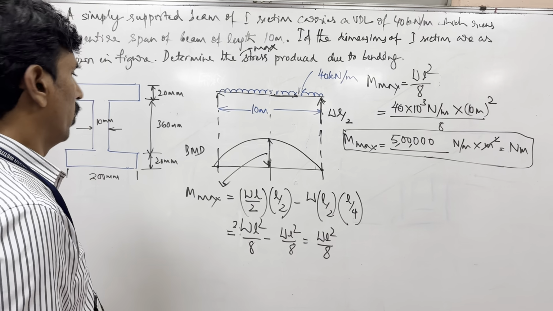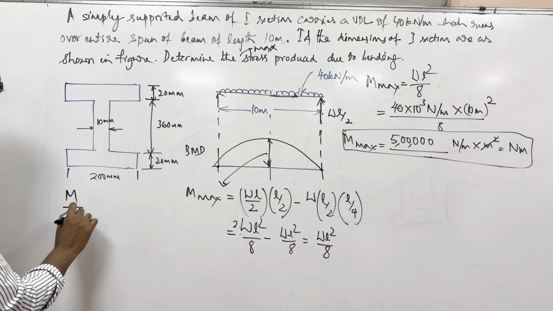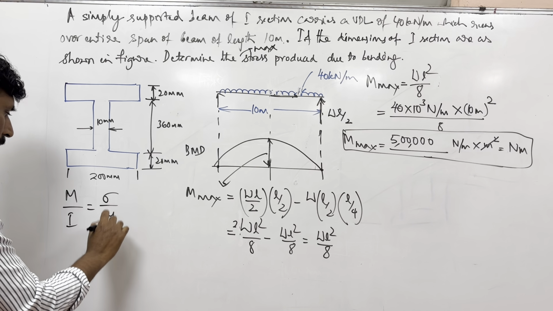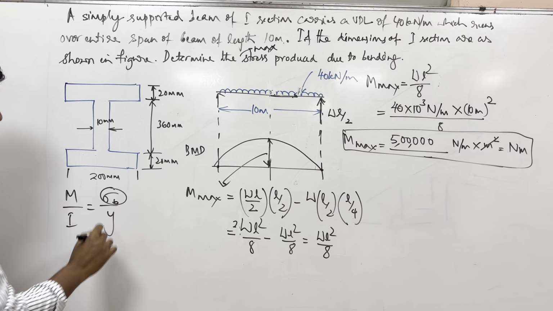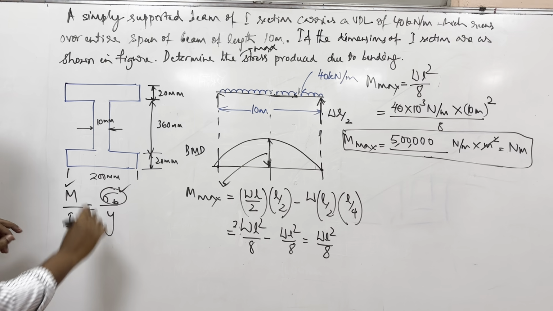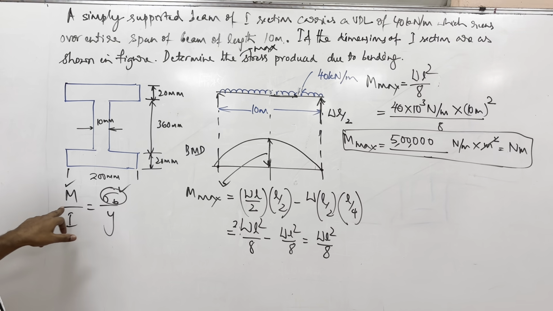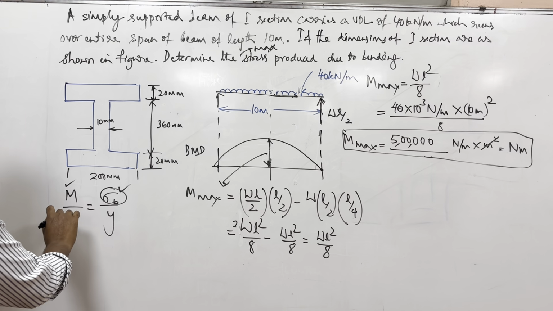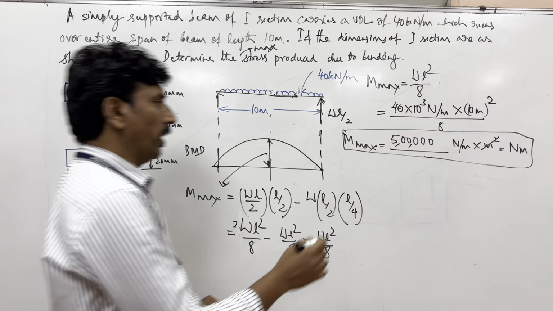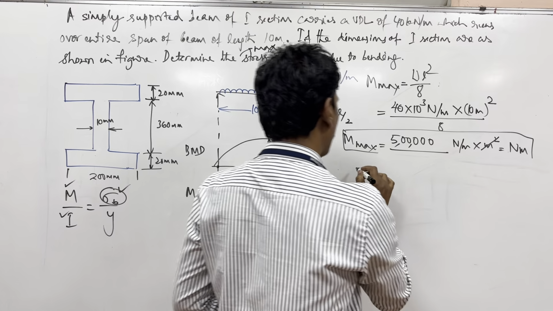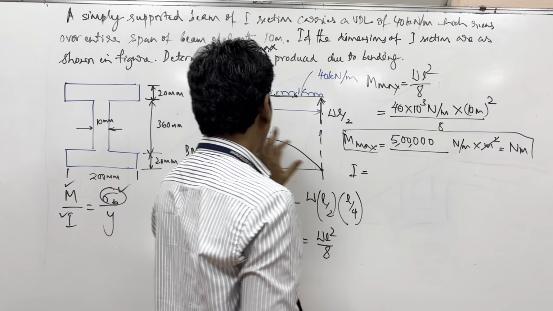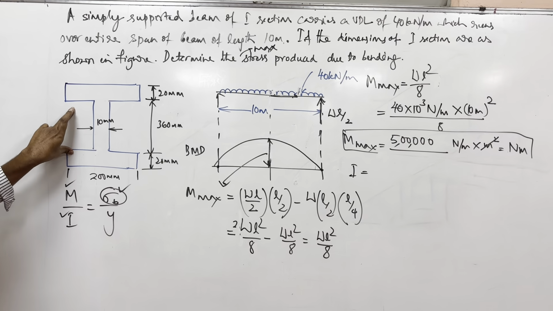And then in this formula, M by I is equal to sigma b by y. Now to find the stress, we have found M, so we need to find I. How do I find I now, or what is the formula for I for this type of section?